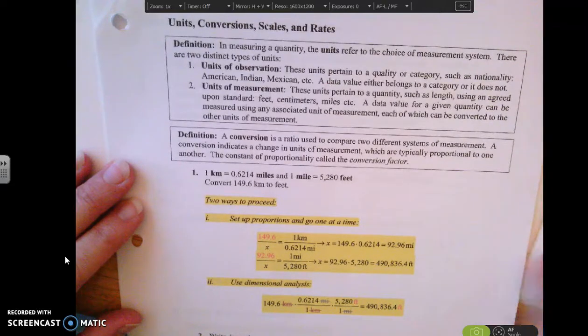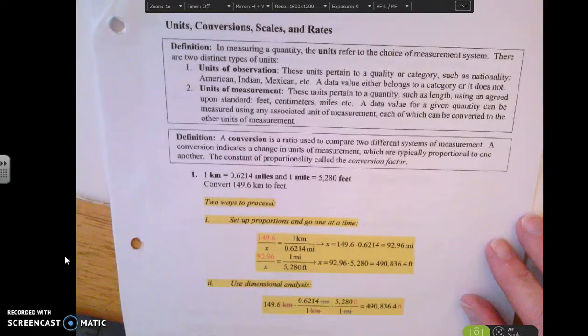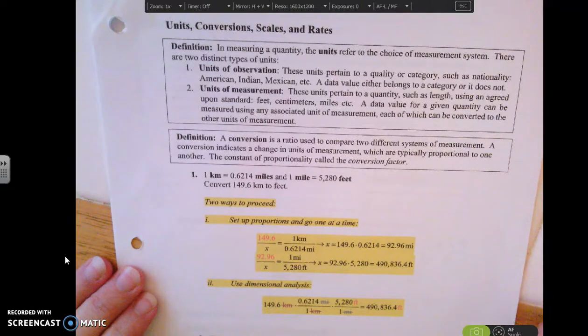There's different types. There's units of measure or units of observation. So you could classify somebody by their nationality or something like that, or you can have units of measure, which would be like centimeters and feet. Most of what we're going to be doing is units of measurement.